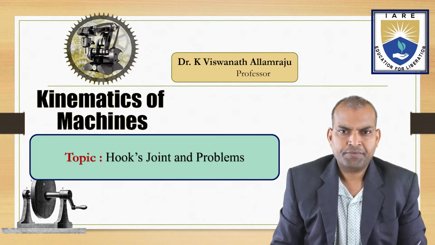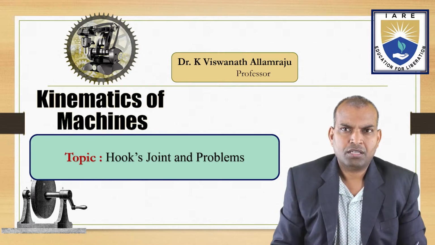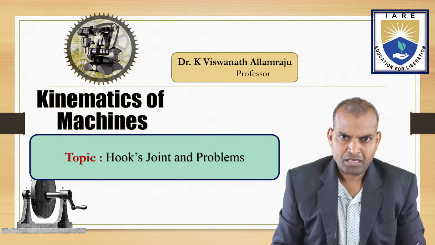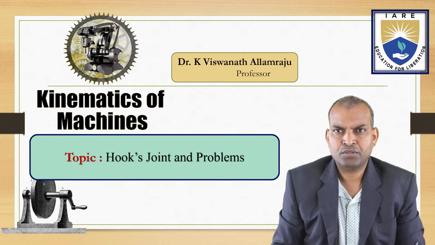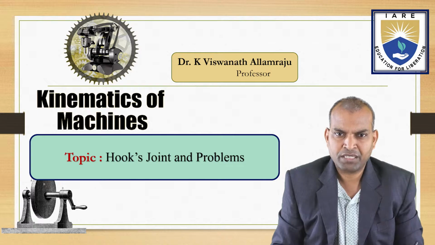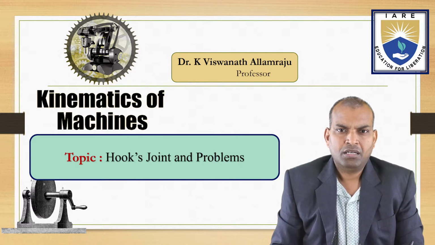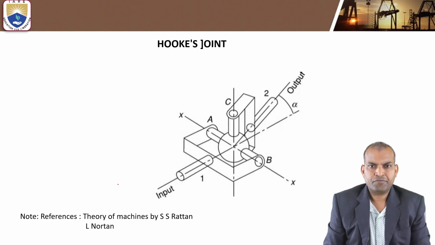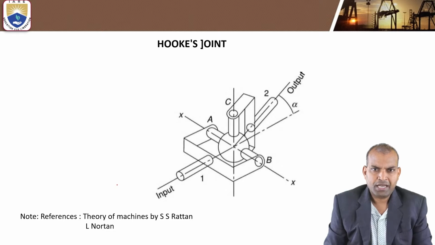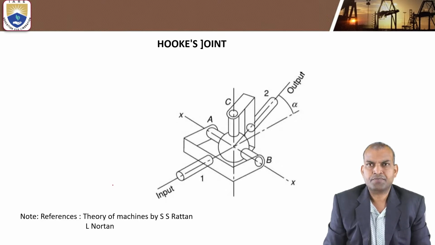Today we are going to study the Hooke's joint concept in the chapter on steering gear mechanisms. In Hooke's joint, we will study the velocity ratio, the maximum velocity, the minimum velocity, the maximum angular velocity ratio, the minimum angular velocity ratio, and also acceleration concepts.